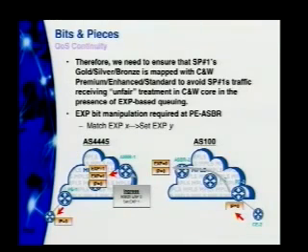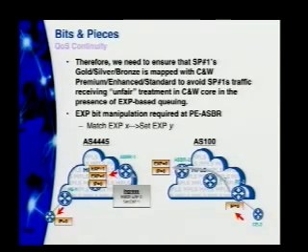We need to ensure that service providers' service classes, gold and silver and so on, are mapped with our classes, which can be named differently. We want to avoid unfair treatment of the customers, either on our side or on the other side.